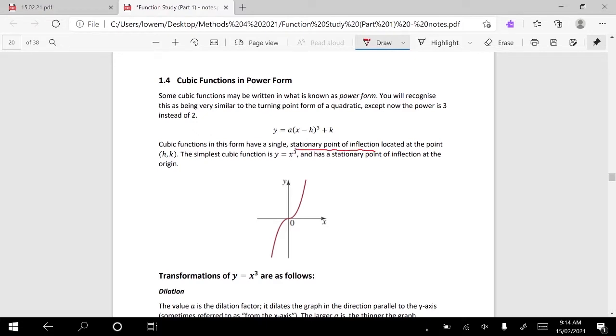If you have a look at the graph that we have here, that is that point that we have there at (0, 0). That is what we call our stationary point of inflection.